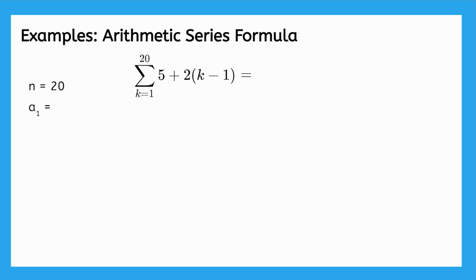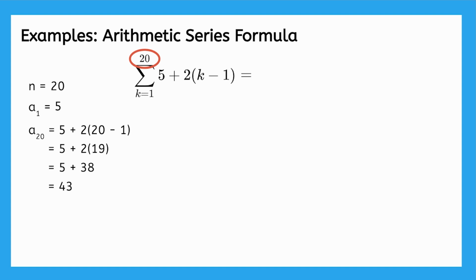This series starts at term 1 of the sequence, in other words, the initial term, which is right here. The last term in the series will require a bit of math to find. It will be the 20th term in the sequence, so let's substitute 20 for the index of summation, then evaluate. And the 20th term, the last term in this series, is 43.